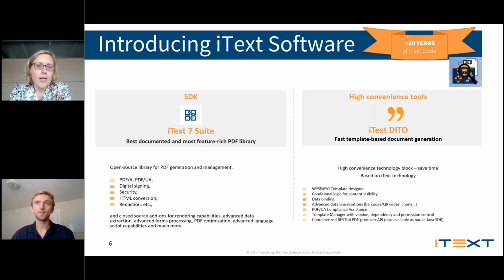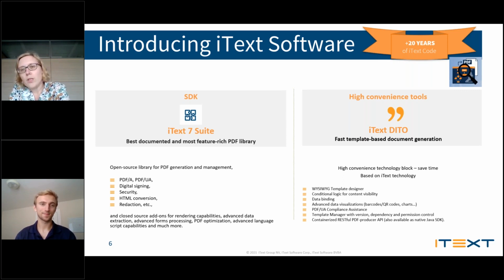One is our SDK, our PDF library, which many developers around the world are using to create and generate PDF documents to comply with PDF/A, for example, for archiving, or PDF/UA for universal accessibility, or to really have secure PDF documents, or to enable digital signing, and much more.